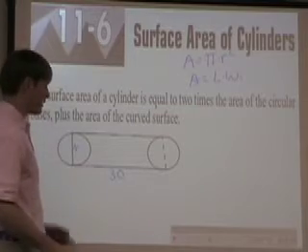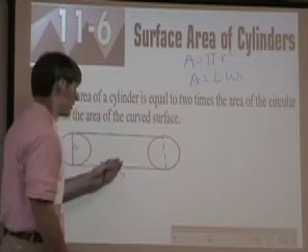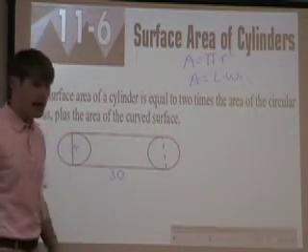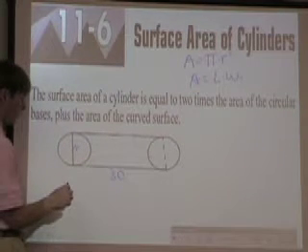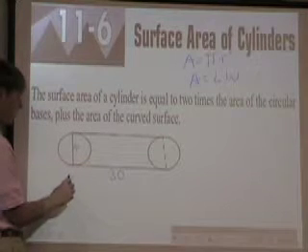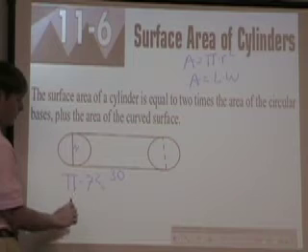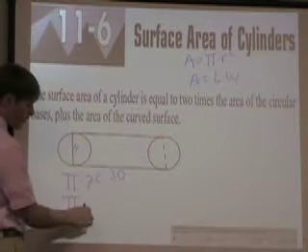Now our first step is to find the area of each of these circles. Our second step is going to be to find the area of the middle portion. Okay? Now the area of this circle is pi times r squared. What's r? 7. Half of the diameter is the radius. So I've got pi times 7 squared. 7 squared is 49.